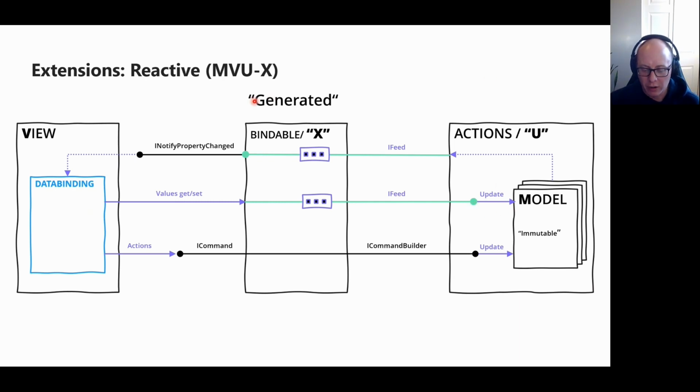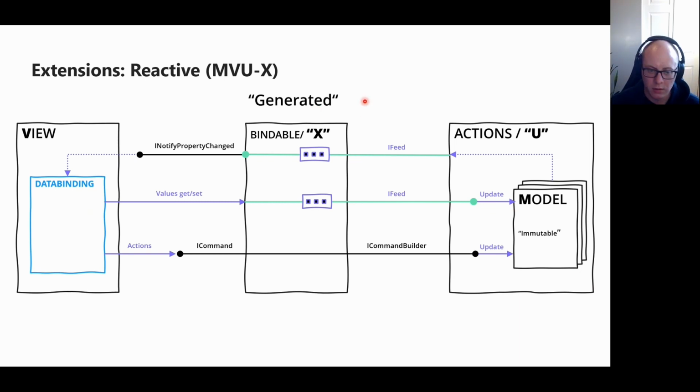So we generate this bindable version of your view model, and that's actually going to be the glue that connects your view. So the view actually talks to the bindable one, and the bindable one talks to the view model you created. So it's like a little middleman guy. And that's where all the magic happens with the INotifyPropertyChanged, with the dealing of the state in all those ways of whatever T is within your IFeed of T, right?